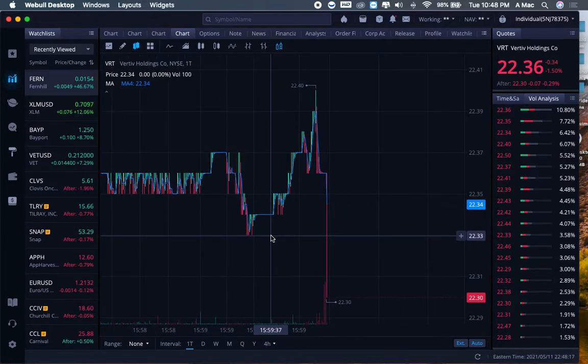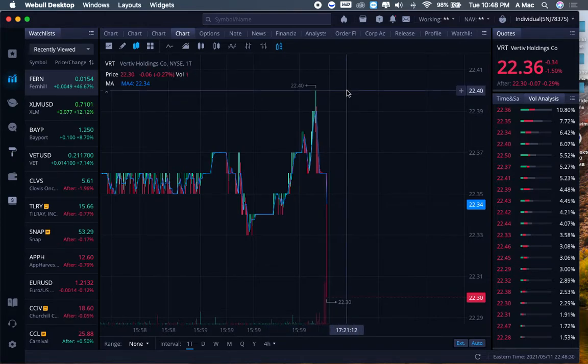The buyers decided to push it all the way back up, 22.37, and all the way to 22.40. And then the seller says, no, that's enough. Let's sell some of this stock. So the sellers sold all the way down here.